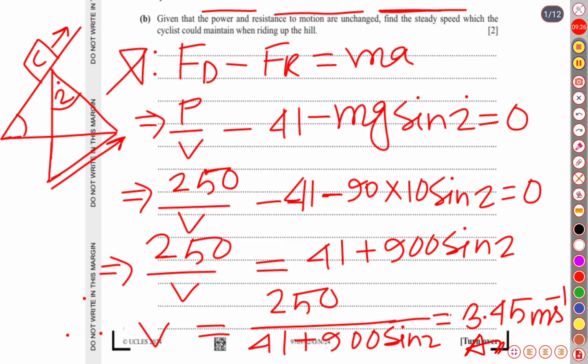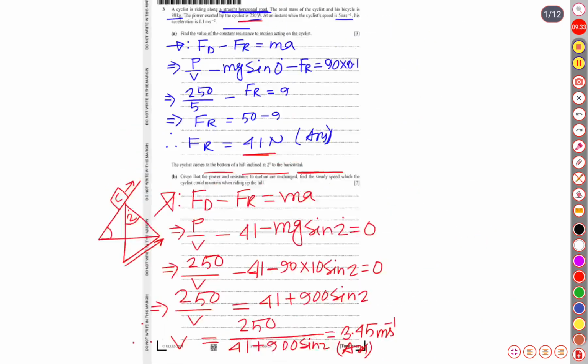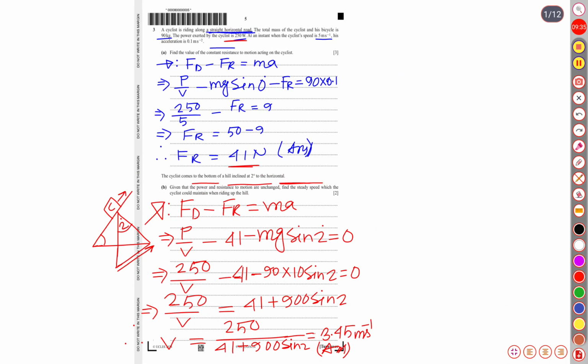This is what the final answer is. So that's all about the solution to question number 2, and there is nothing complicated in this one. So let's move on to the immediate next question.